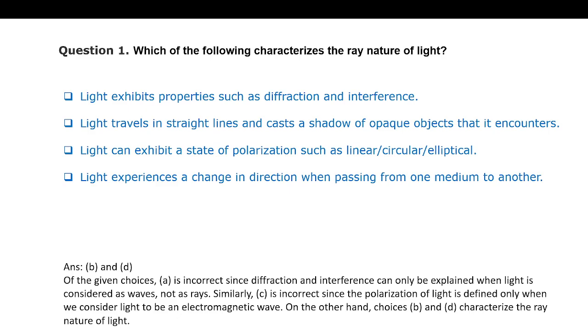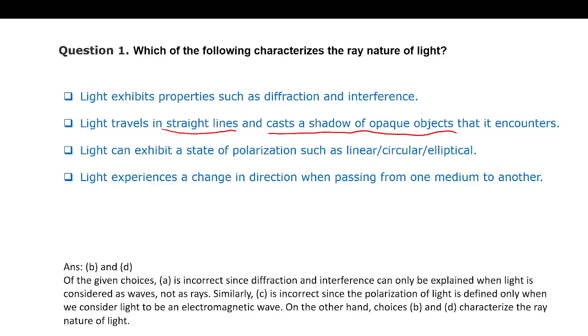So here two options, option B and D, are correct. Why is it so? As you know, the ray nature of light follows a straight line. So light travels in a straight line, and it also casts a shadow of opaque objects because the object will reflect or scatter the light from its surface itself.